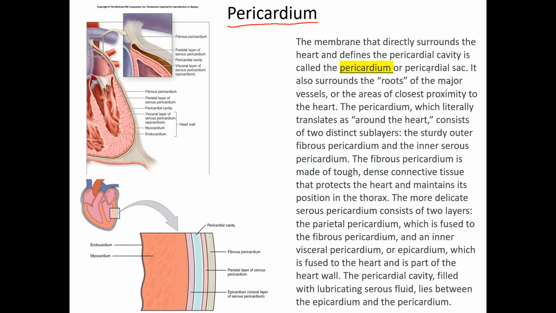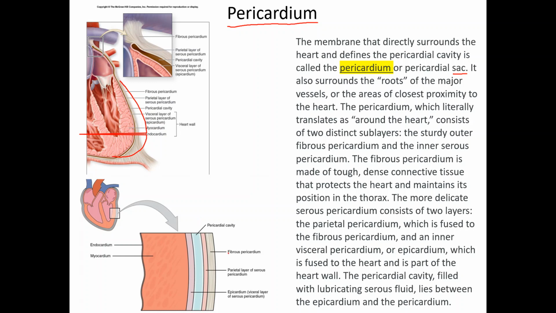Now when I talk about the pericardium, this is something we talked about in MP1. The pericardium is a sac, an envelope, a membrane that surrounds the heart. Let's look at this picture here. The pericardium has two distinct sublayers: the fibrous pericardium and the serous pericardium.